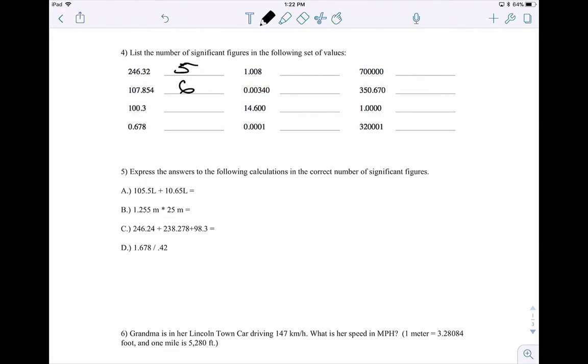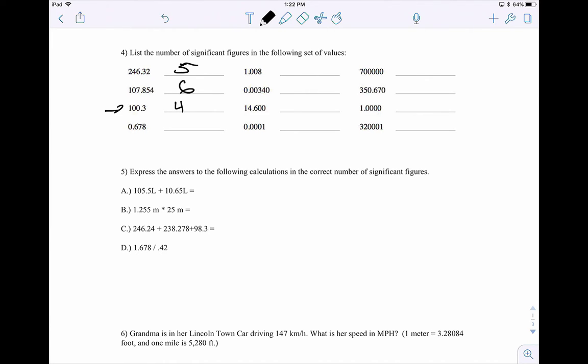All 6 numbers are significant here. The decimal is present, so you start at the 1 on the Pacific side. 1, 2, 3, 4, 5, 6. In this case here, the decimal is present. You start on the Pacific side, and you start counting your number of significant figures beginning at the first non-zero digit. So all 4 numbers here are significant.